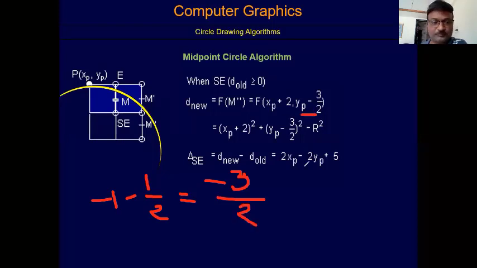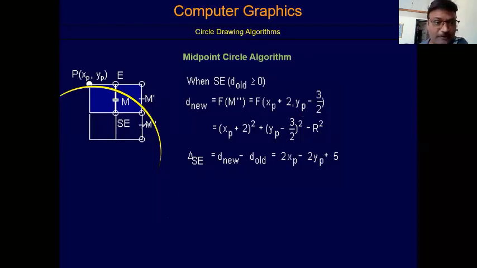Understood? Here I am going in the downward direction with the mid value, and the mid value you always have to consider as 1 by 2. Suppose this is 0, this is minus 1, this is minus 2. So the value in between minus 1 and minus 2 is minus 3 by 2.